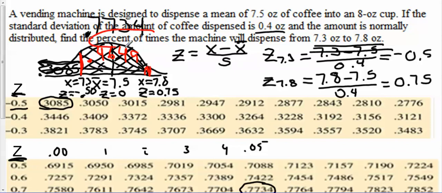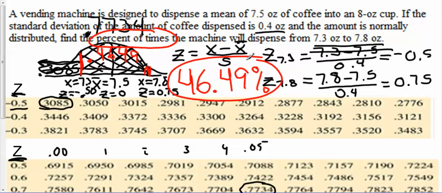Now, since the question said find the percent of times the machine will dispense between those two values, we have to convert our decimal, or our area, into a percent by multiplying it by 100%. Thus, our overall final answer would be 46.49%. Which is a little bit less than 50% of the time our cup would have between 7.3 and 7.8 fluid ounces of coffee in it.